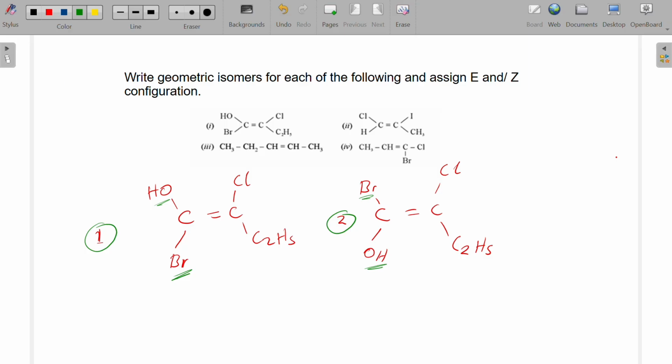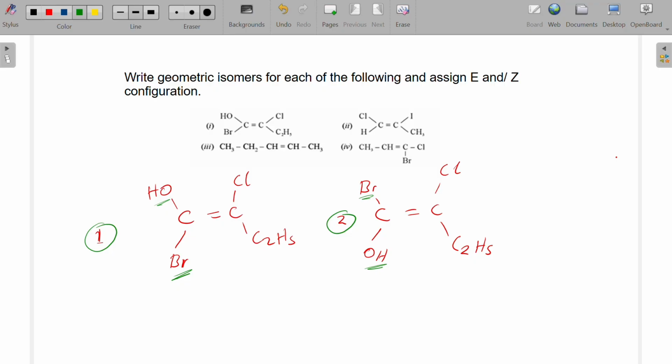So for simple structures like this that only contain 2 carbons, and these 2 carbons holding the functional group are having different groups connected to them, these ones will basically just have 2 isomers. Okay. So there will be just 2. As we can see, we have 1 and 2 isomers.